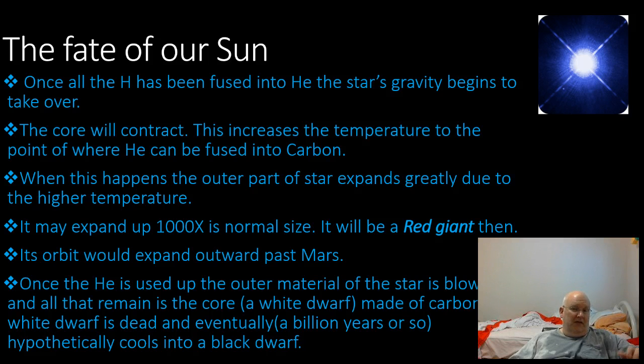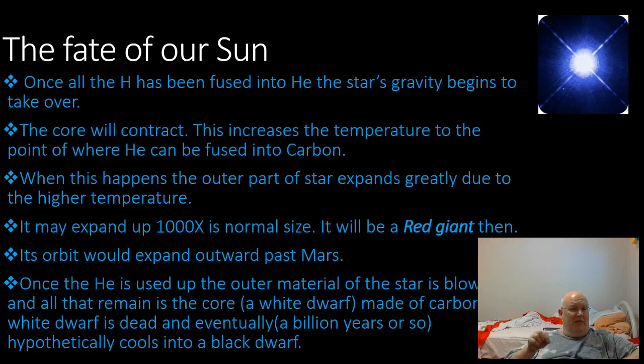And as I said before, this contraction, this pressure, will drive the temperature even higher, high enough to fuse helium. Remember, all the hydrogen was fused into helium. Now it's a big ball of helium. When the core becomes hot enough, the helium will initiate fusion again, and this will cause it to fuse into carbon.